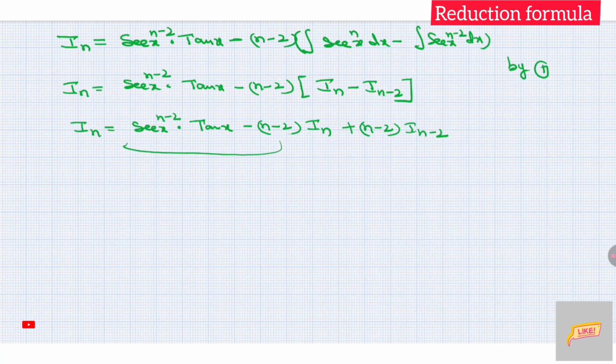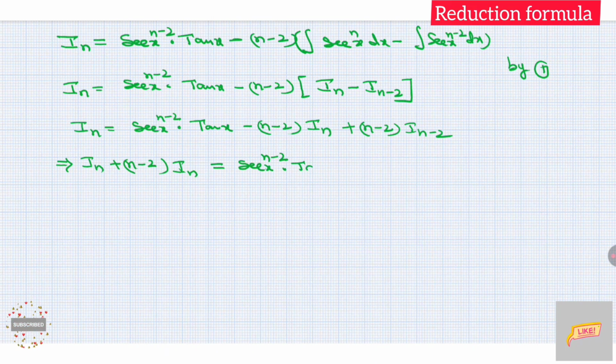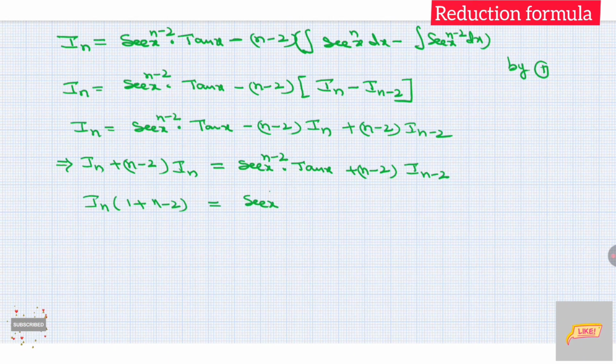Okay, this term take to the left side: I_n plus n minus 2 into I_n is equals secant x power n minus 2 into tan x plus n minus 2 into I_{n-2}. Here I_n is a common term: 1 plus n minus 2 is equals secant x power n minus 2 into tan x plus n minus 2 into I_{n-2}.